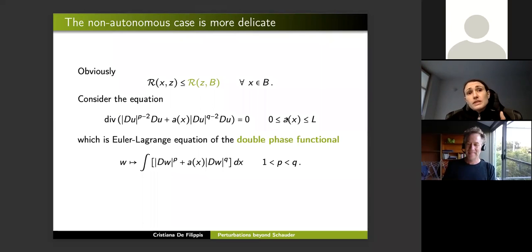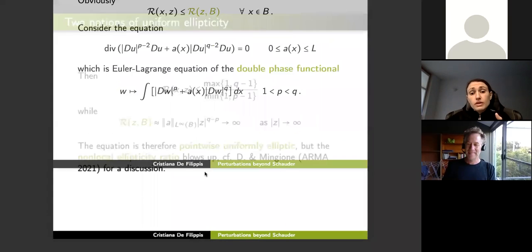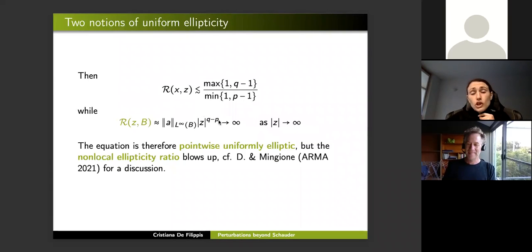Therefore, it is not positive enough to rebalance oscillations at two different points. Therefore, here we see a pathological behavior, and the non-local ellipticity ratio tells you that the double phase energy has some sort of non-uniform ellipticity, which is not that strong, but still it falls outside the realm of uniformly elliptic operators.